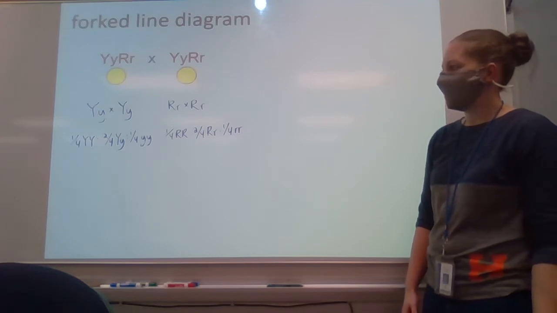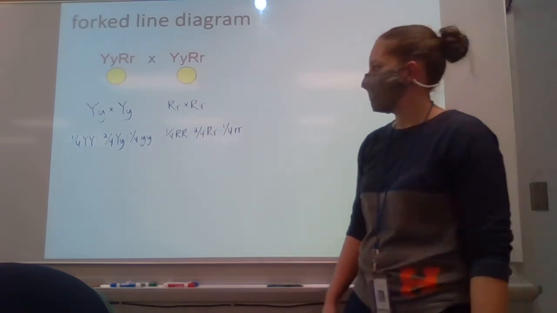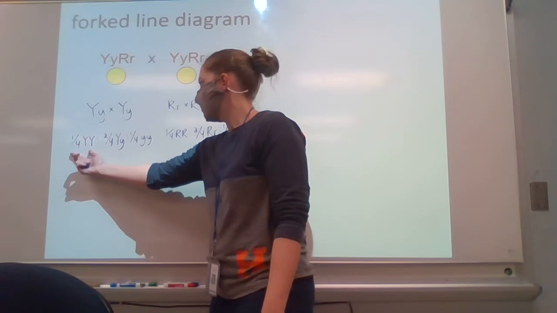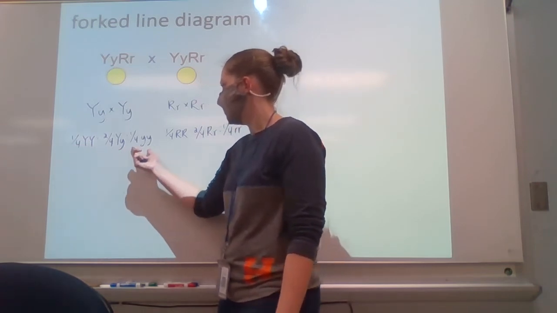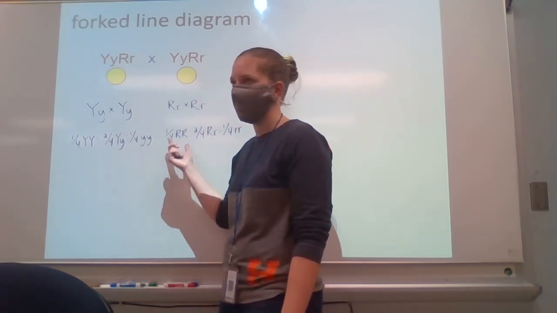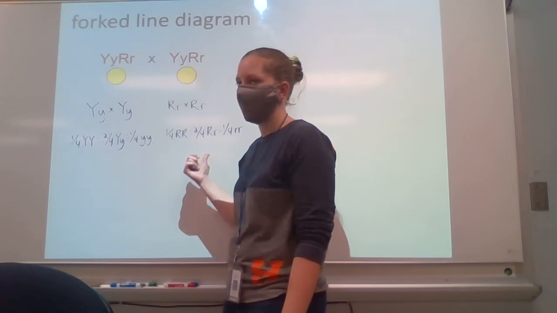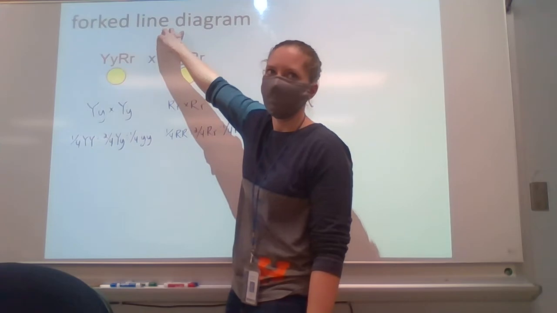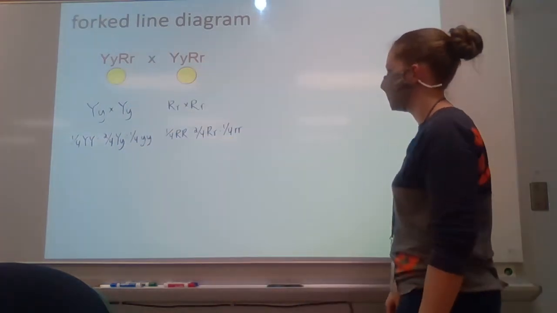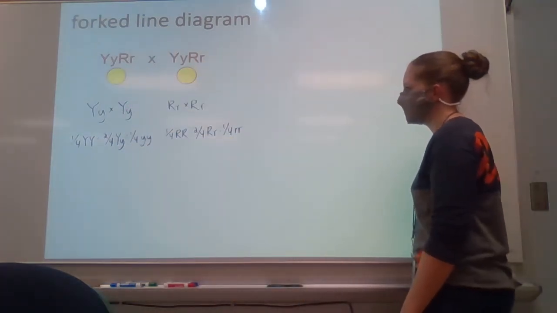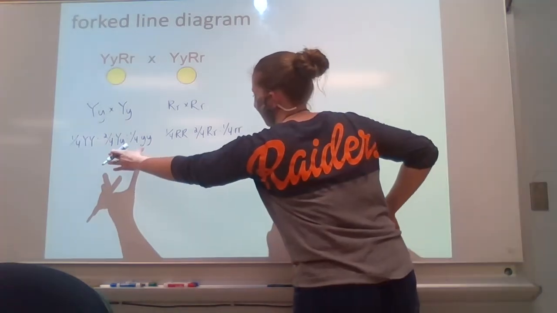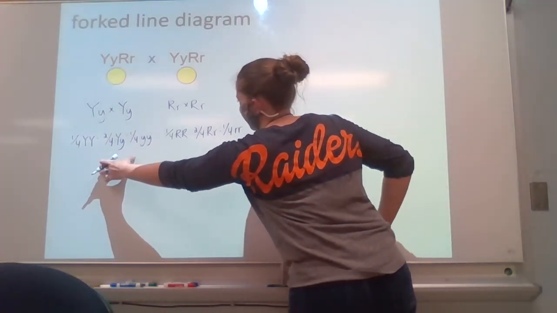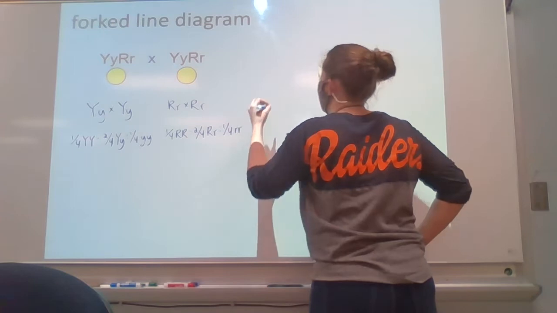So to find the genotype ratios, I have to multiply each one of these genotype probabilities by each one of these genotype probabilities. And we can do so pretty easily if we set up something called a forked line diagram. So here's how it works. I'm going to start by writing my first cross's possibilities in one column.